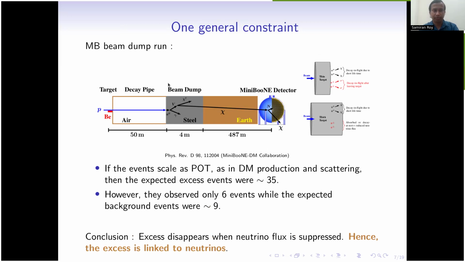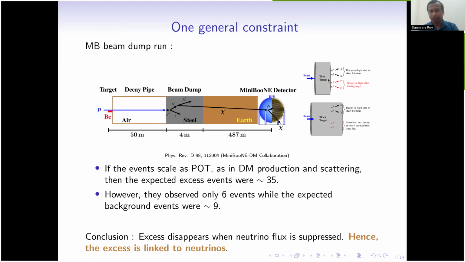MiniBooNE also ran in the beam dump mode, so they removed this beryllium target, and the proton beam hits this 4 meter thick steel. So if the excess is coming from dark matter, then in this setup they also expect excess events in the detector.